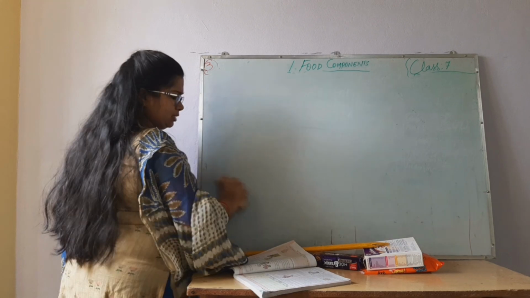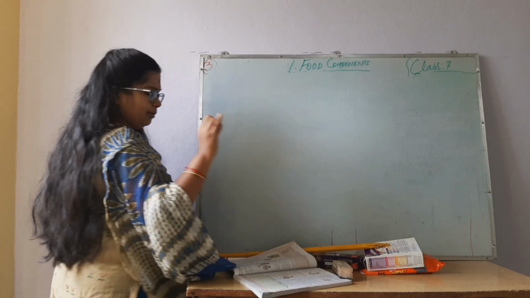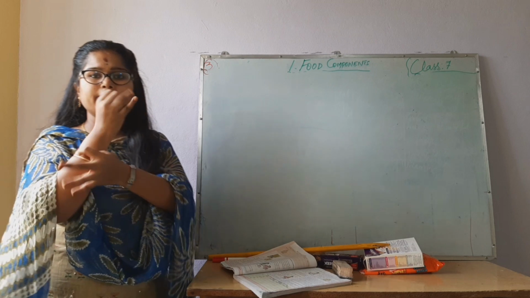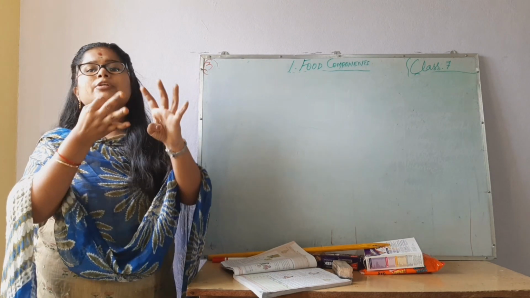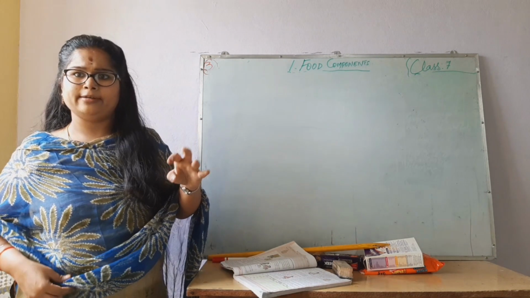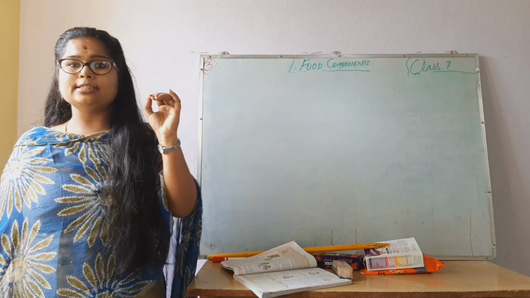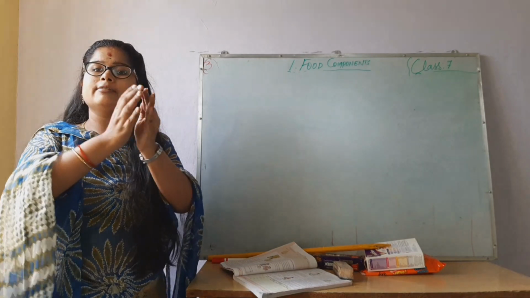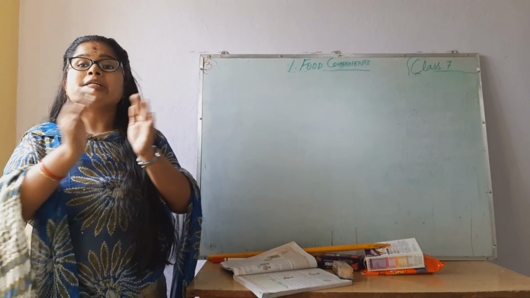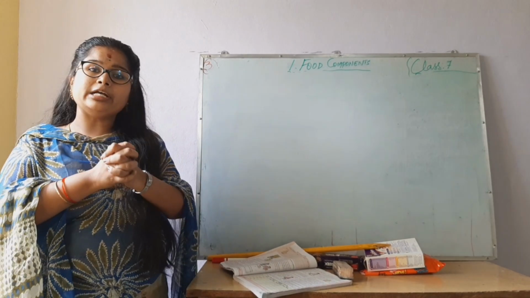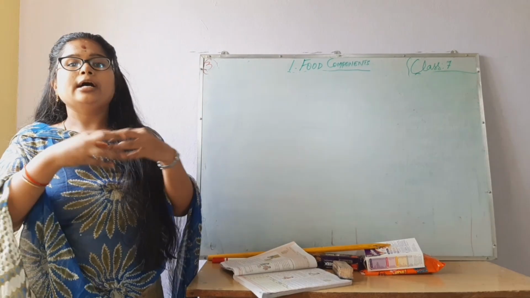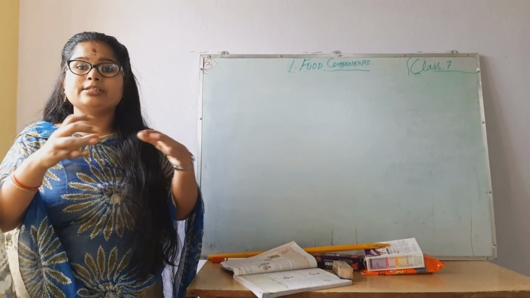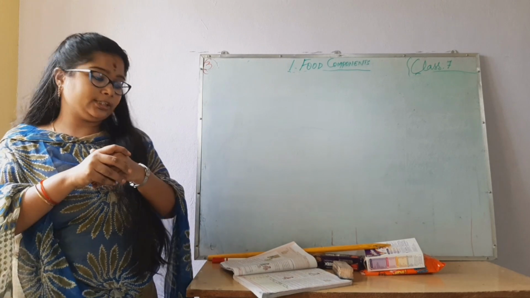In everything we saw, mainly carbohydrates, proteins, fats, these are the common things. To test these, we have different methods, using different chemicals, to test whether these food components are present in the food item or not. So let's do it.